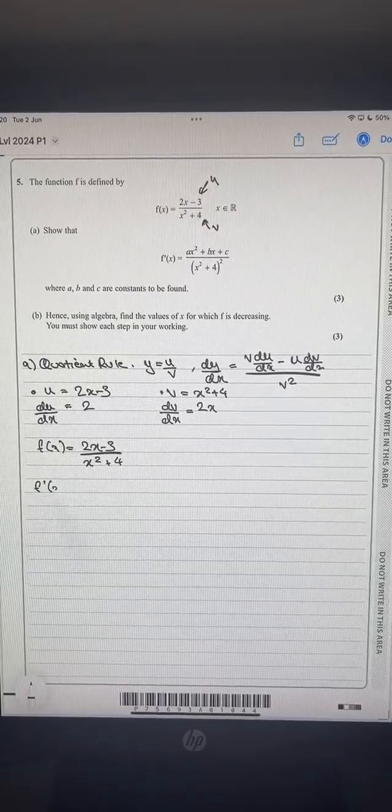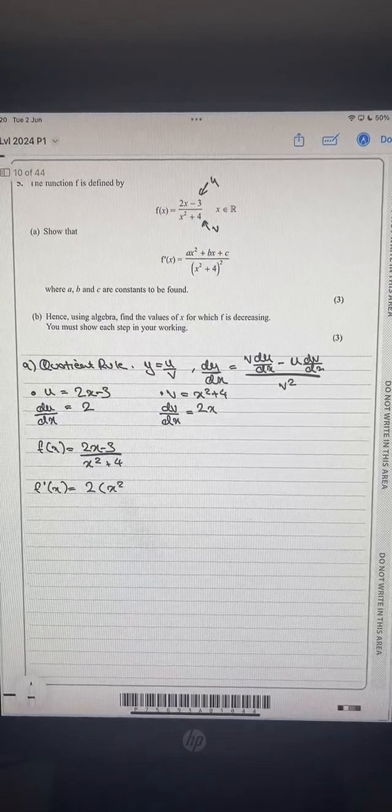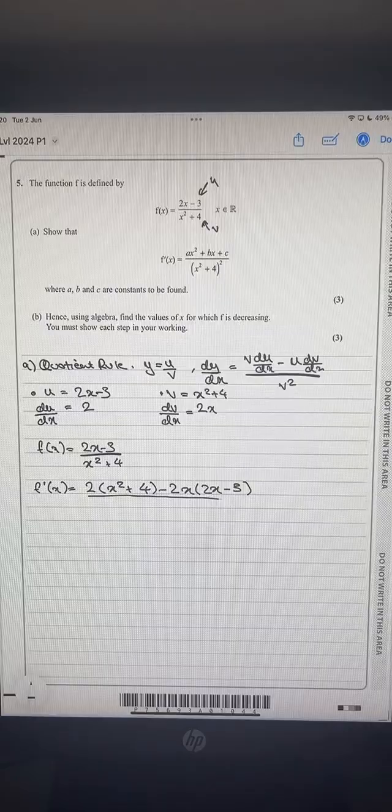So f dash of x is equal to 2 times x squared plus 4, minus 2x times 2x minus 3, divided by v squared, which is x squared plus 4 whole squared. Now looking at this, this is what I wanted to show, right? I've got my v squared on the bottom exactly as it is.